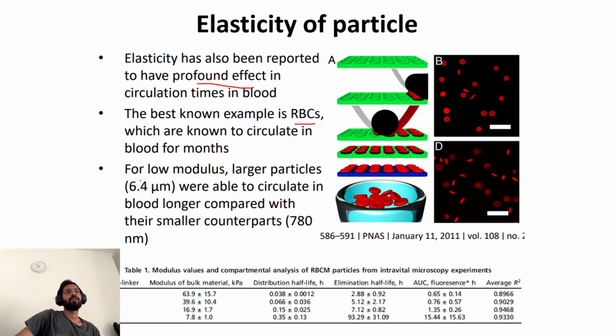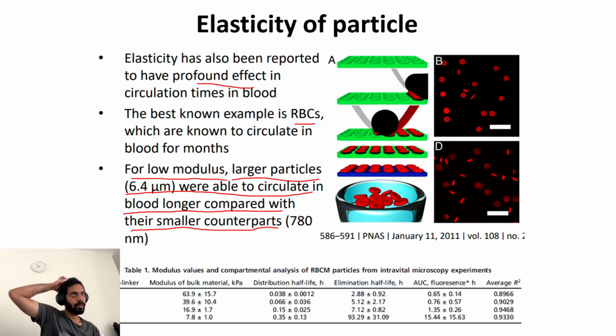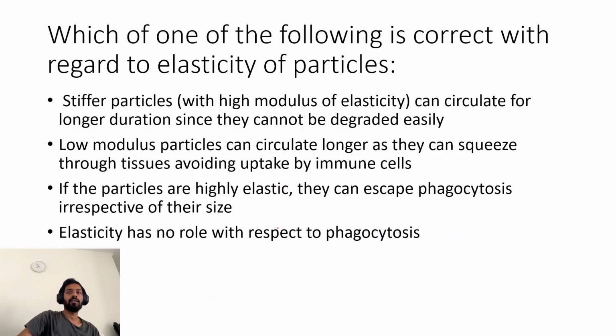So for low modulus, larger particles were able to circulate in blood longer compared with their smaller counterparts. So what does it mean? As the elastic modulus is going down, the circulation time in blood is increasing, right? So the claim that elasticity has no role with respect to phagocytosis is not entirely true.